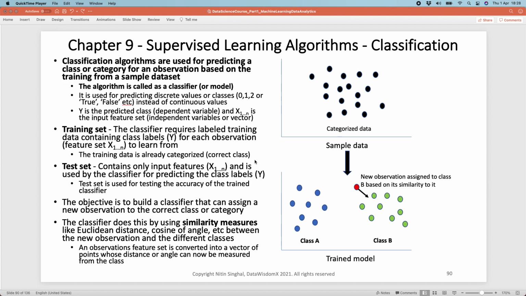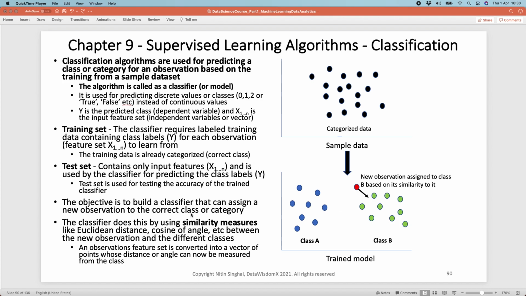And that's because the training data is already categorized correctly. That's what we expect from the data, and then the model will learn from that. And then the test set will contain only the independent x variables, which will then be used by the trained model to predict the y values. And these y values can then be compared with the actual y to measure the accuracy of the model.